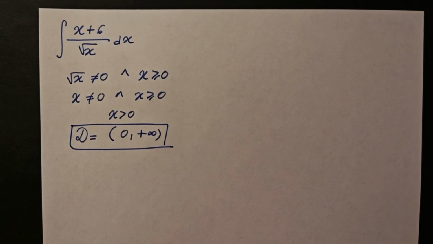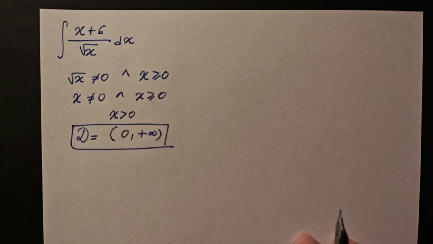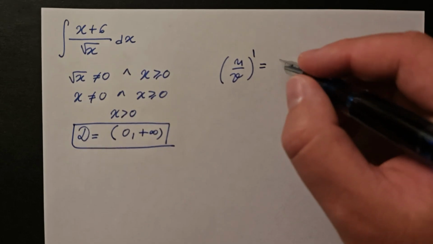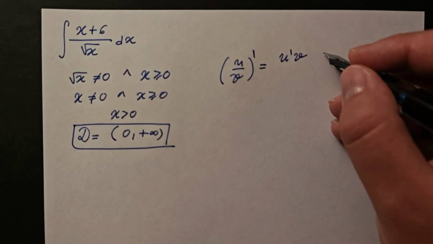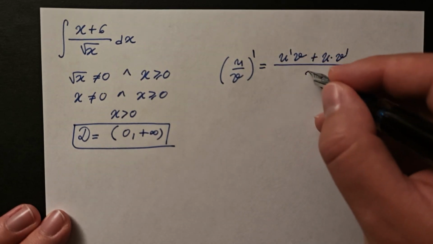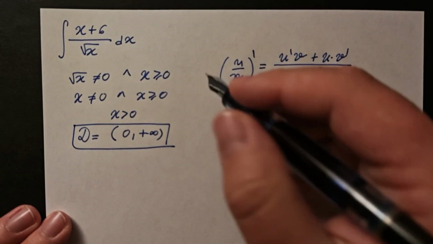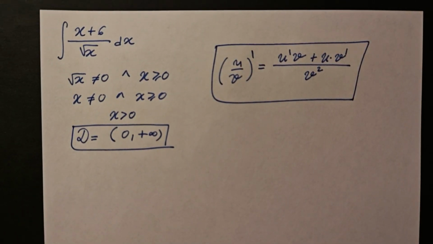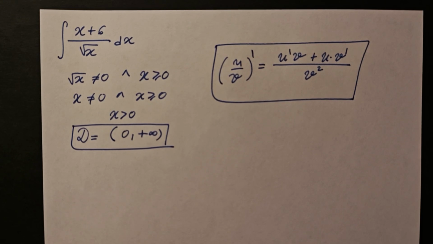Now, to solve the integral, the question is how to tackle this problem. The quotient rule for integration does not exist. Remember, the quotient rule for derivation is: u over v derivative is u derivative multiplied by v minus u multiplied by v derivative, divided by v squared. This rule does not exist for integrals. But if you remember, I have told you that the integral is a linear operator.